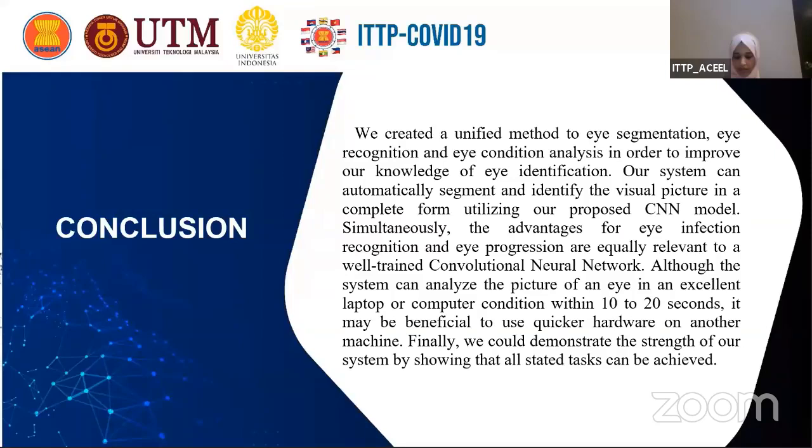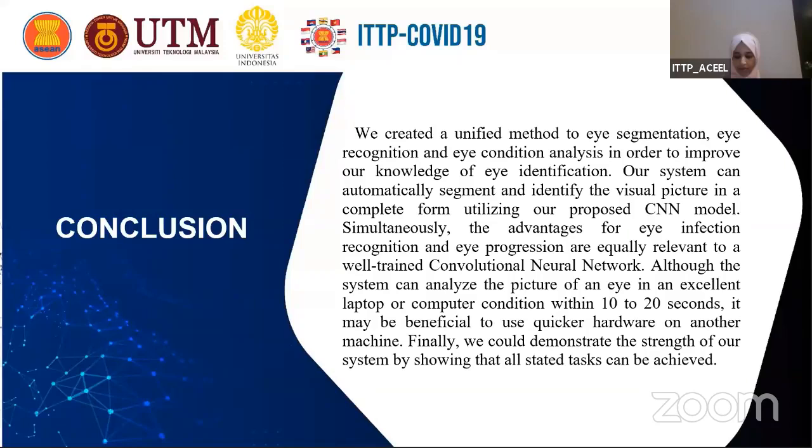So the advantages of eye infection recognition and eye processing are equally relevant to the well-trained CNN, which is the convolutional neural network. The system can analyze the image of an eye on an excellent laptop, computer, or a good quality mobile phone within 10 to 20 seconds.